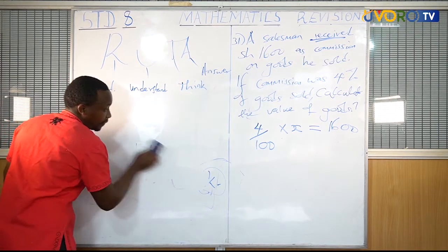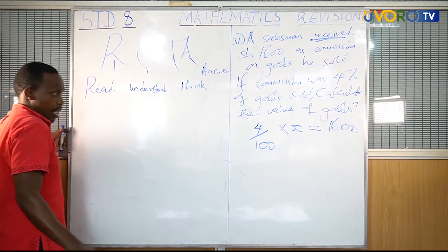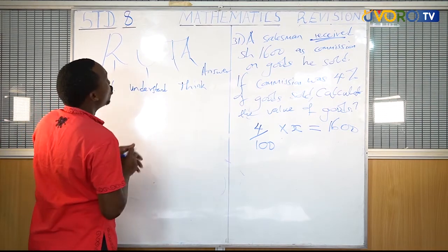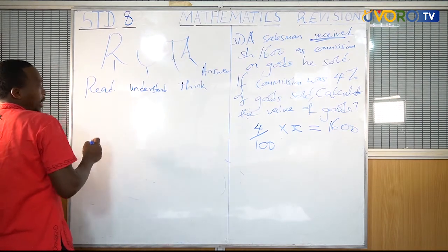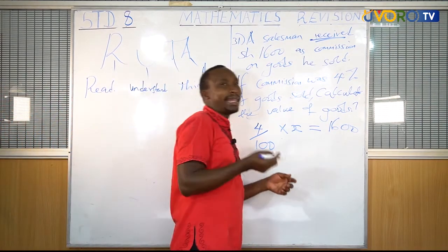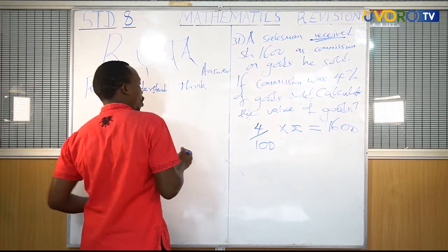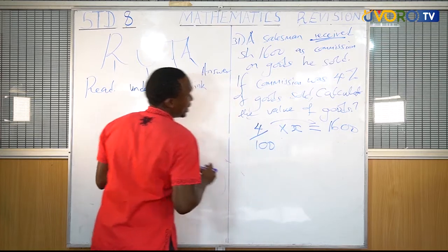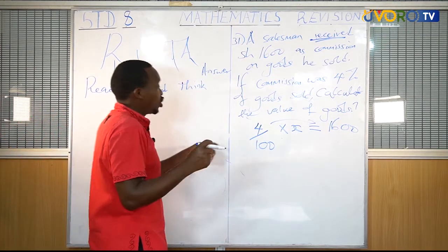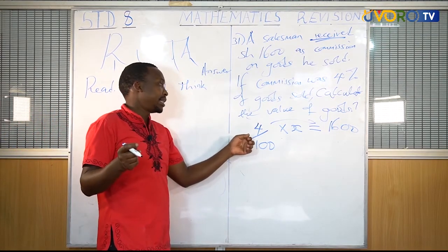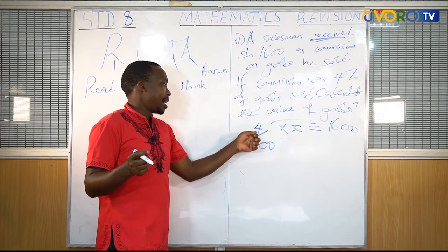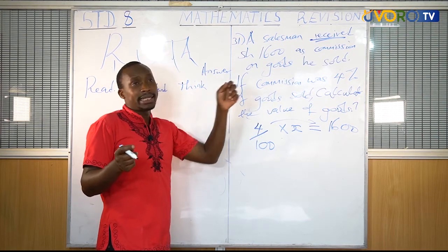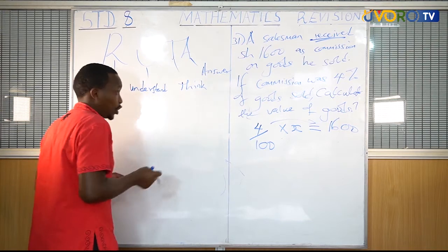Now, we are told of the value of goods. So what are we supposed to do? T for thinking. We put the right terms together and leave x on the other side. This means that this one will go to the other side. When this multiplication comes on the other side, it becomes a division.